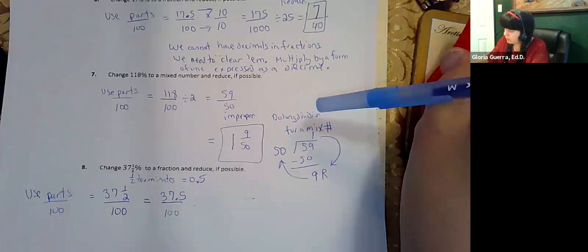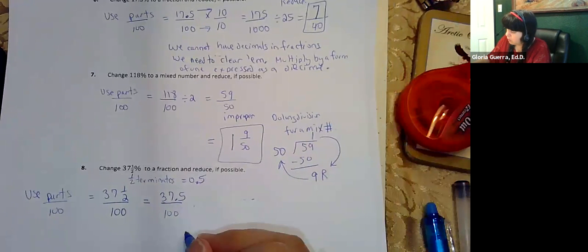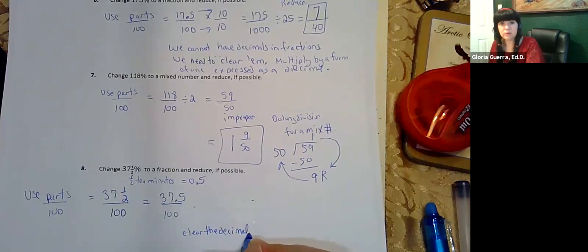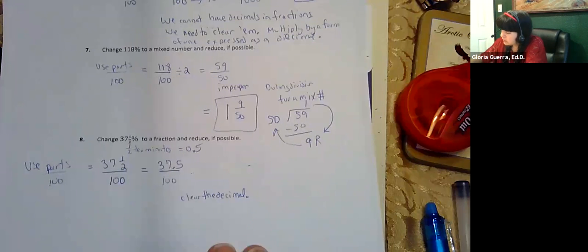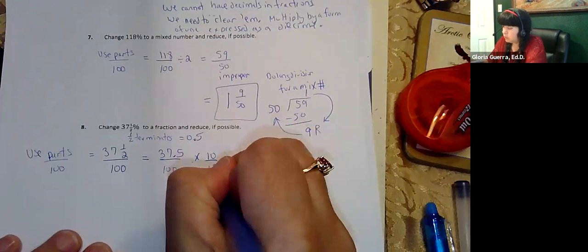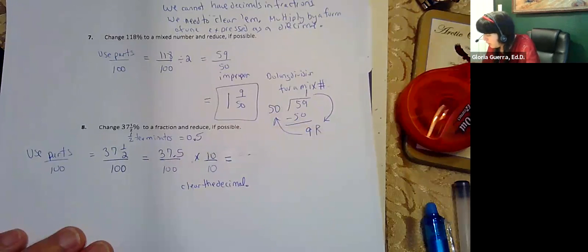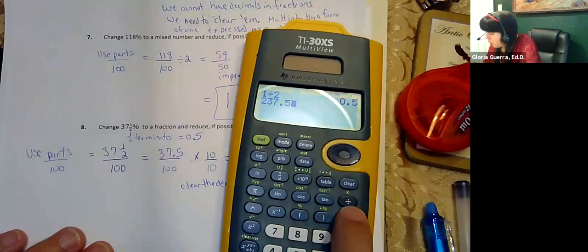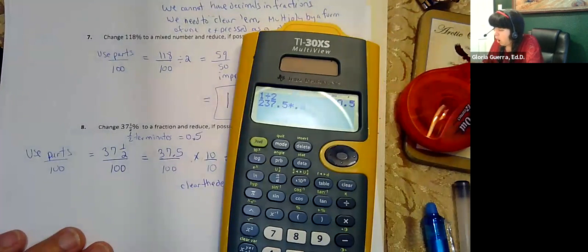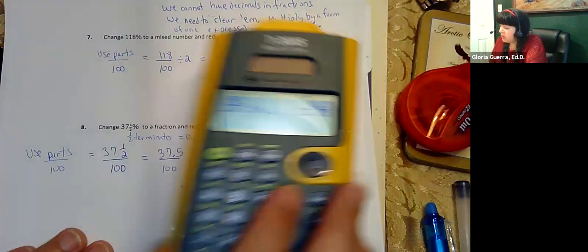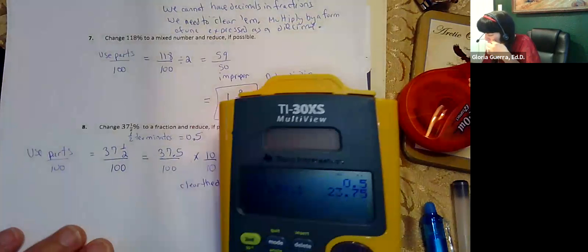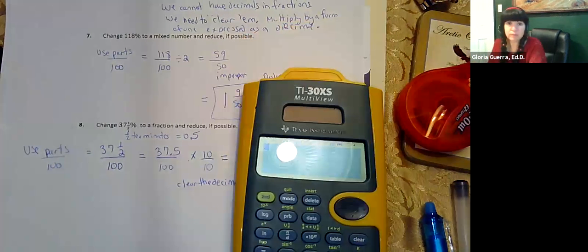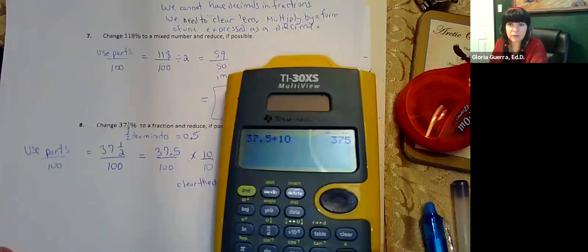So here I'm going to clear the decimal. So do times 10 over 10. So 37.5 times 10 is how much? See how you got rid of the decimal?